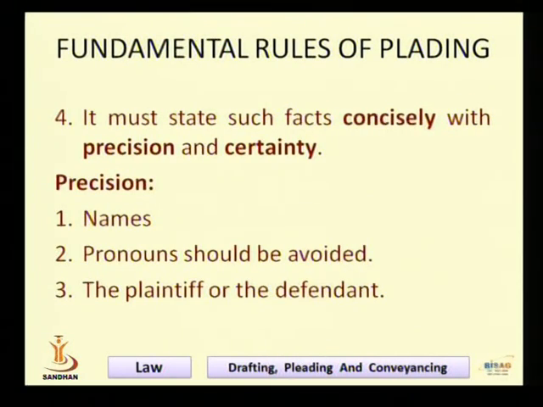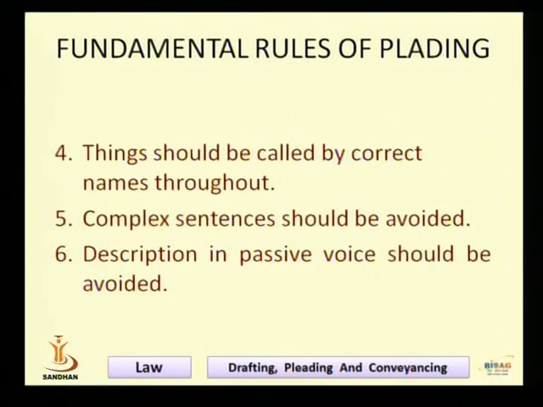Again, if the names are being used, then afterwards the plaint or written statement must refer to the plaintiff or the defendant, not by the name of a person, that is X. Every time if X is written, it is not proper pleading. For proper pleading, the defendant or the plaintiff should be written.